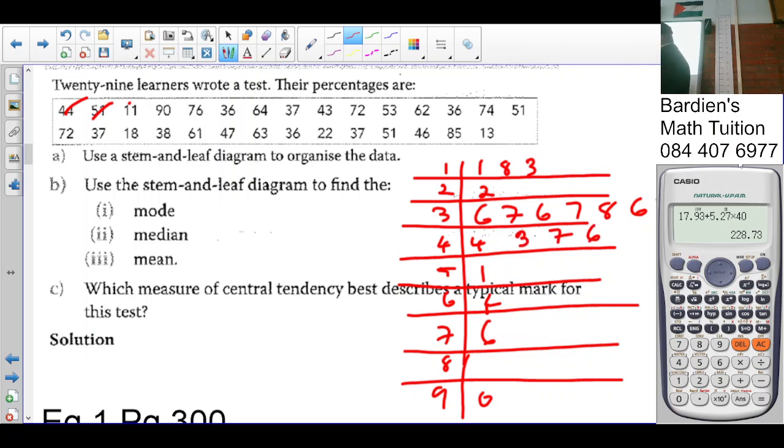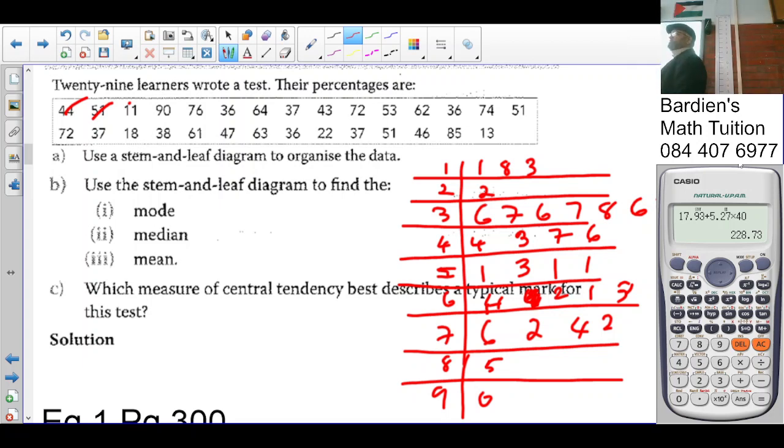For the 50s: 3, 1, 1. 60s: 4, 2, 1, 3. 76, then 2, 4, 2. 8, 5, 9.